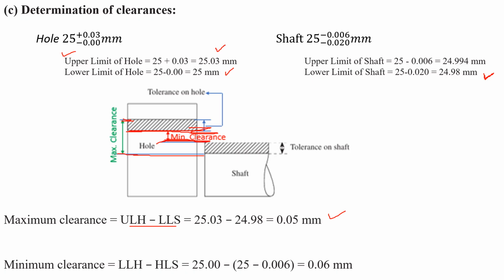The lower limit of the hole is 25 and the upper limit of the shaft is 25 minus 0.006, which is equal to 24.994. So minimum clearance equals 25 minus 24.994, which is equal to 0.06 mm.